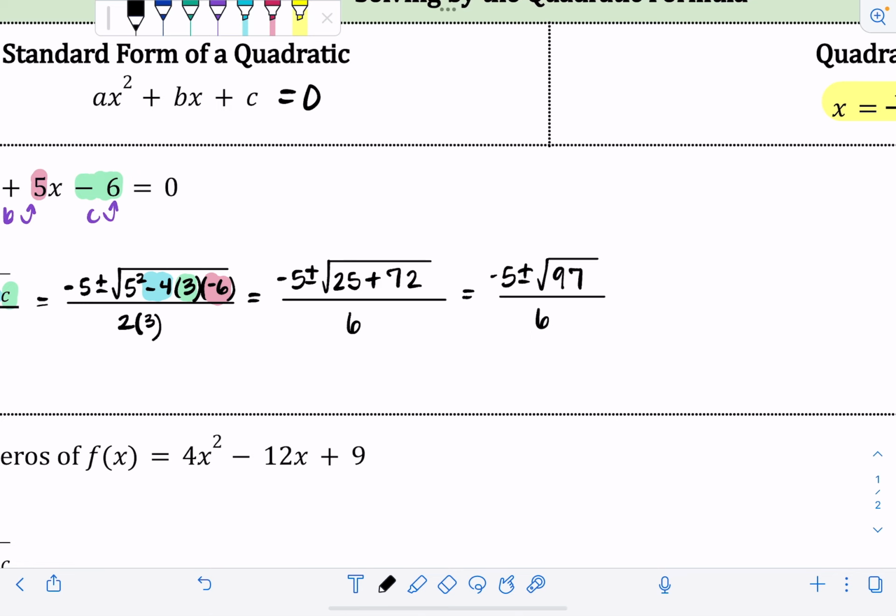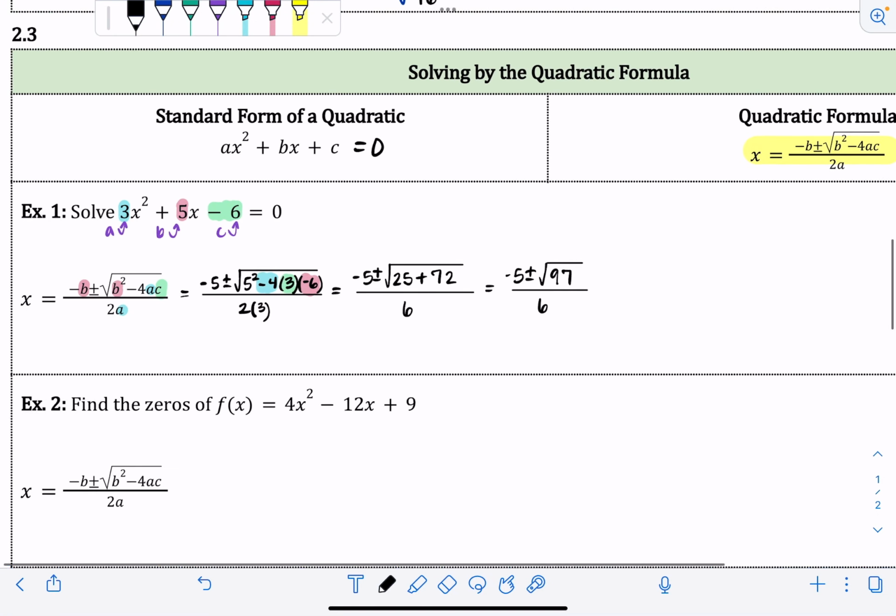And then over 6, and then we just want to check to see if 97 can be simplified. I don't think it can be, but I'm going to make a factor tree just to double check because it's good practice to always double check. So 97, I'm going to try dividing by 3 because it's not even.